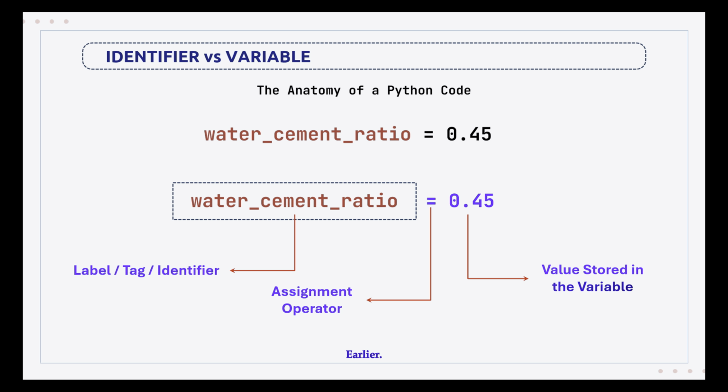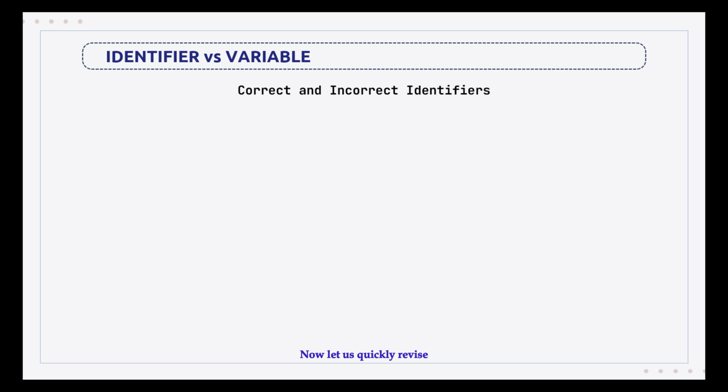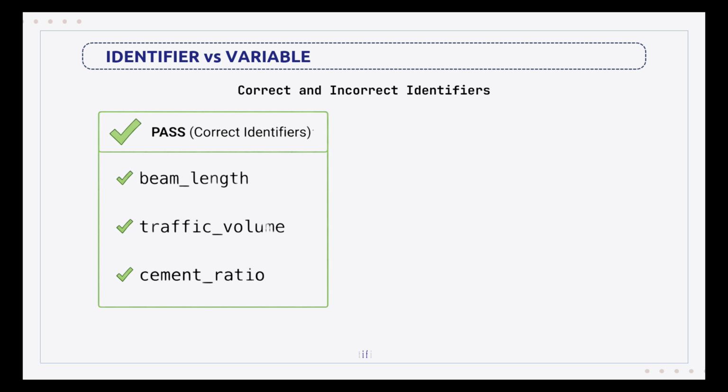Earlier in our previous studies, we have discussed variable naming rules, but technically those rules are actually the rules for identifiers because the variable name itself is an identifier. Now let us quickly revise correct and incorrect identifiers.